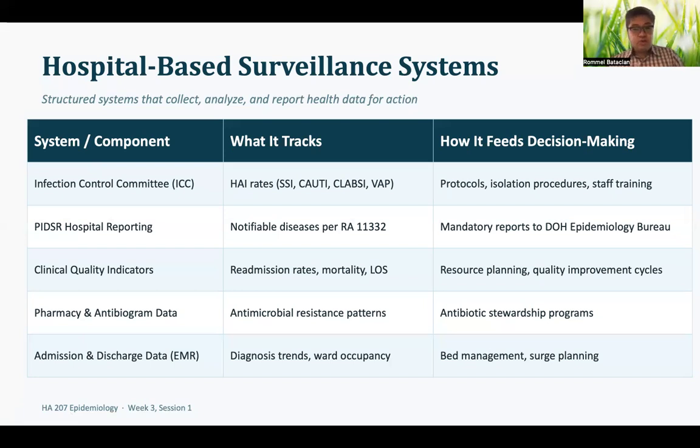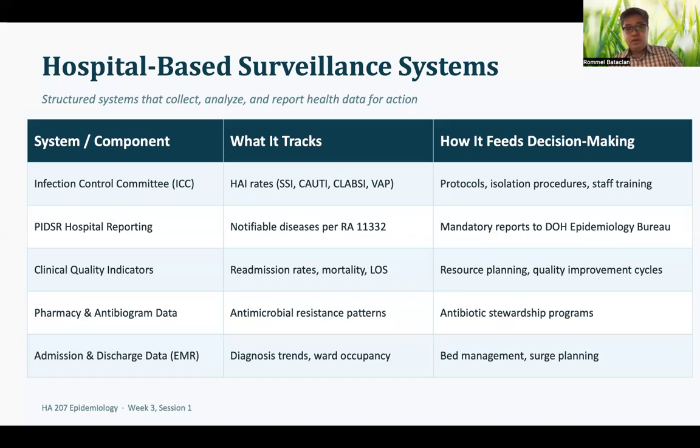This is the institutional body responsible for tracking hospital-acquired infection rates, surgical site infections, catheter-associated UTI, central line-associated bloodstream infections, even ventilator or hospital-associated pneumonia. It takes this data and translates it into protocols.